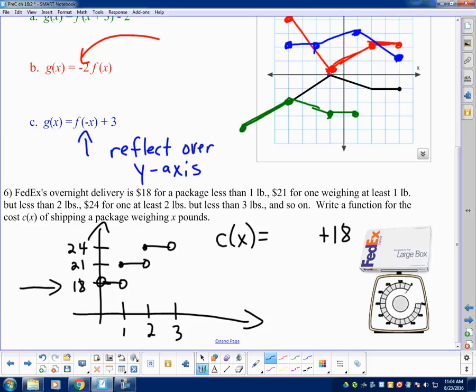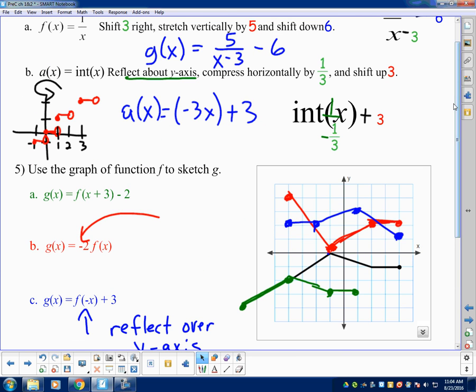Also, the int x function doesn't look like it's reflected at all, but it is getting stretched because remember our basic parent function is right here. I mean, it's at 0. Let's see, we got 0, 1.